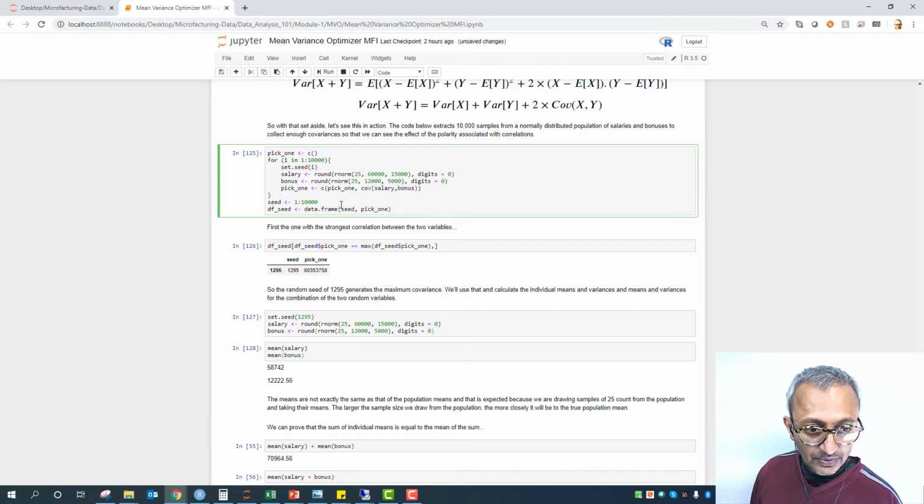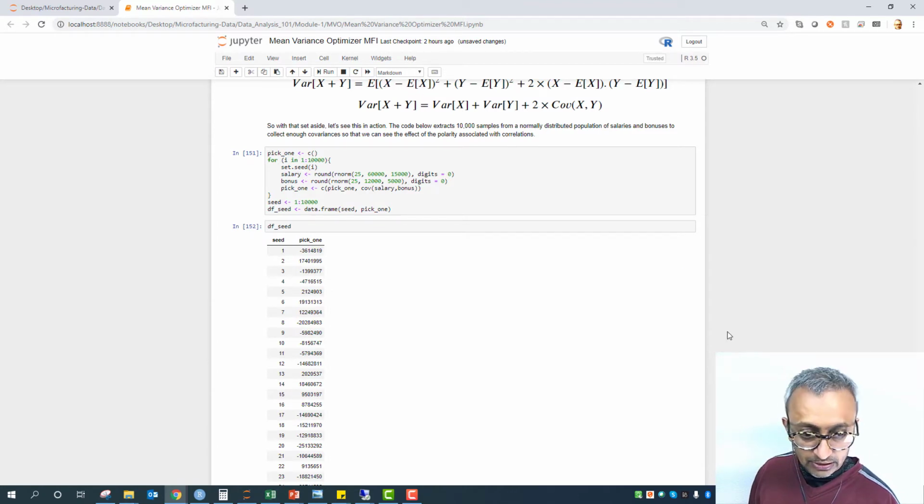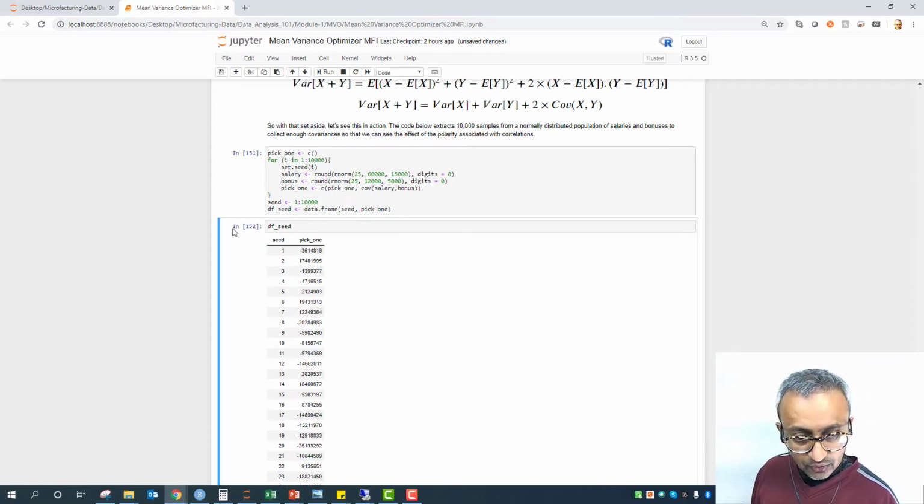I save all that information into this data frame. Let me show you what it looks like once I run it. This is what it looks like. These are all covariances. Some of them are negative, some are positive. That's covariance.